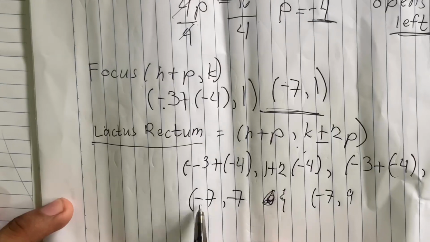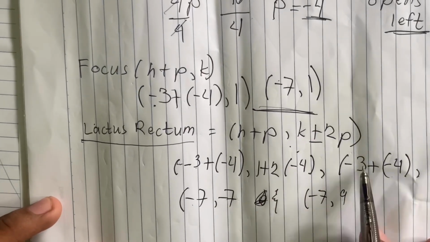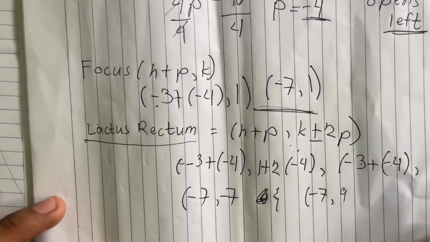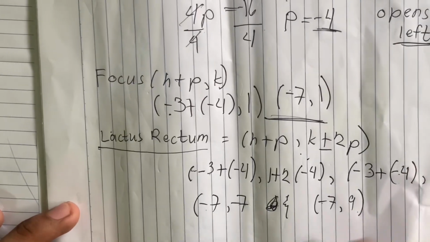Now the values of our latus rectum are negative 7, negative 7 and negative 7, 9.